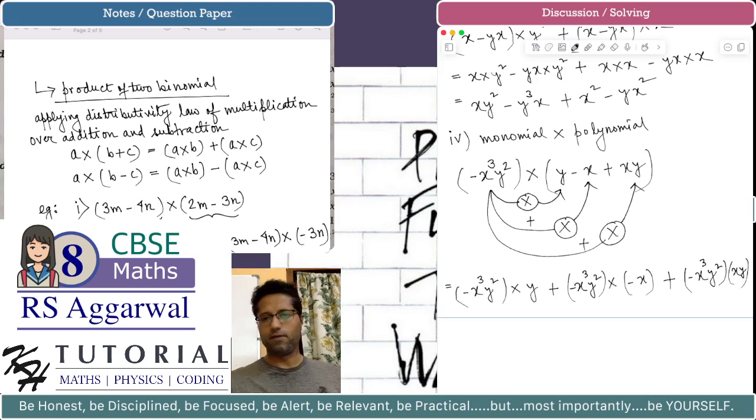In a similar way, if there were more than three terms, you will do the same thing. You will find first the product of the monomial with all the terms of the polynomial, and then you will add the results, add the products.